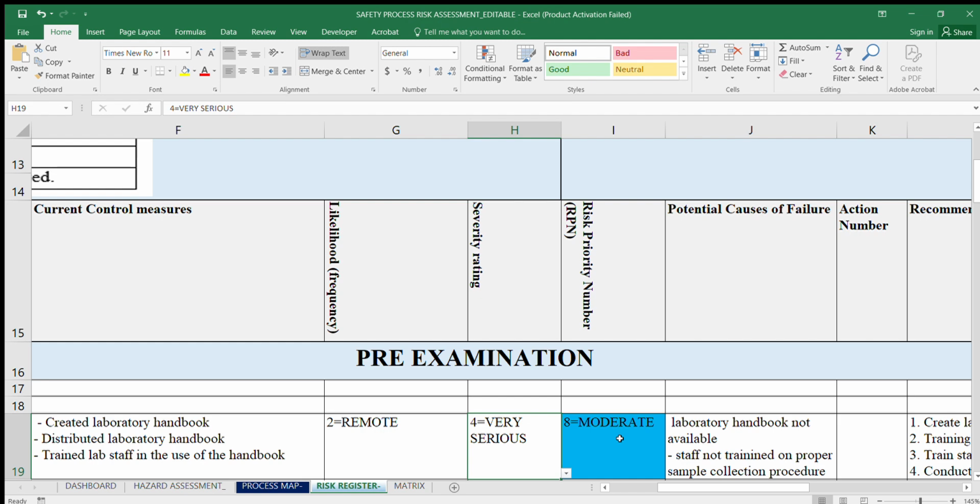But at this particular point, we may say this risk is unacceptable, because there is a chance that you can still get exposed to this biological agent by this scenario. So if this particular scenario or risk is unacceptable, it means that we need to put up extra mitigation measures, because we already have some measures that we've put in place, but we need extra mitigation measures.